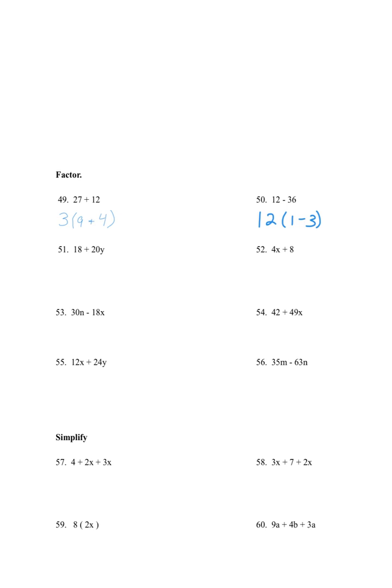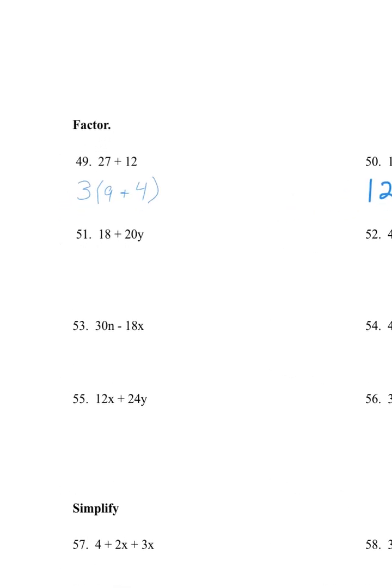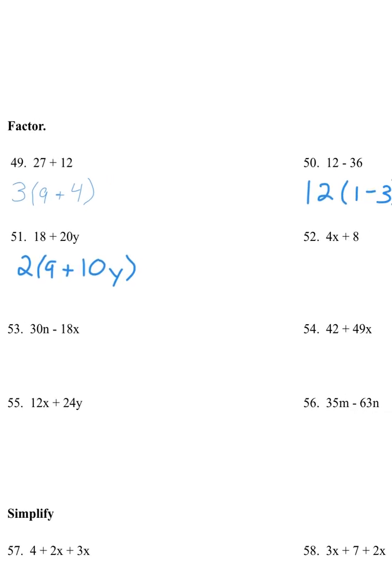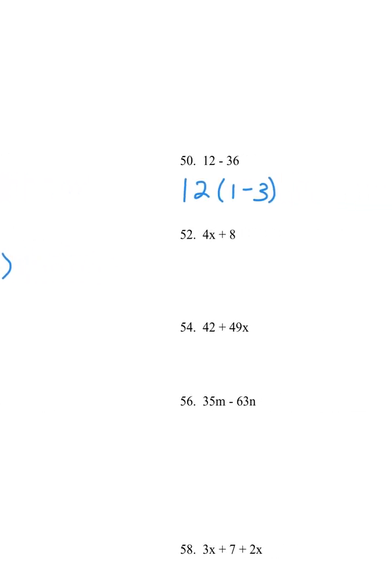Looking at number 51, we can take a 2 out from 18 and 20, and that will leave us with a 9 and 10y. Don't forget that y when you put back what you have left. Number 52, we're going to take out a 4 and be left with x plus 2.